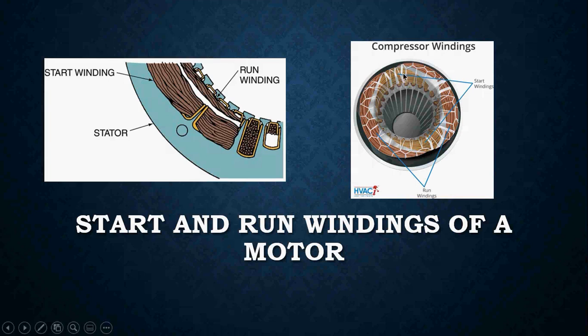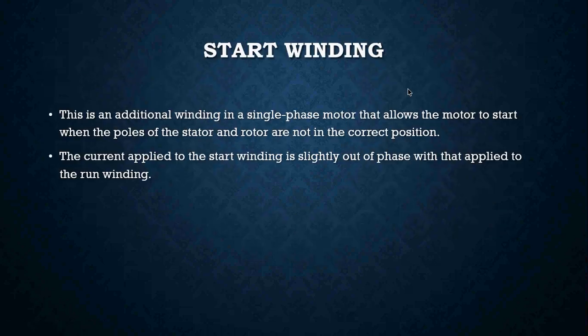Usually they are going to be two separate gauge wires. Usually the start winding is going to be the larger, and the run winding is going to be the opposite.